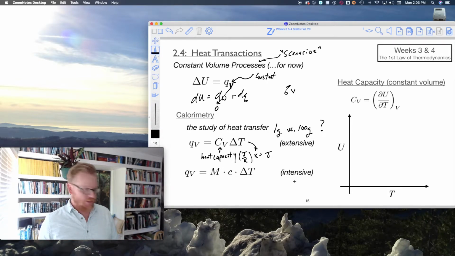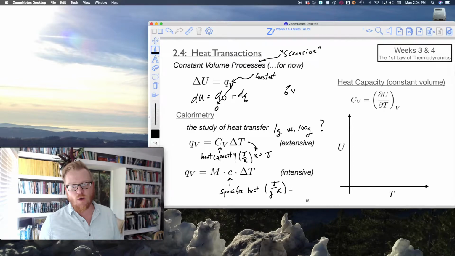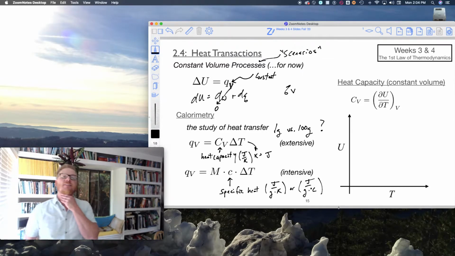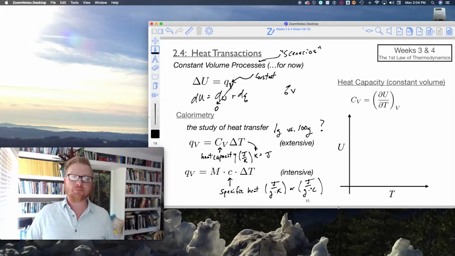But what about intensive? For intensive, we use the specific heat, which has units of joules per gram per degree Kelvin, or some of you are probably used to seeing joules per gram per degree C. It's the same thing, because a change of 1 degree Kelvin is the same as a change of 1 degree Celsius.